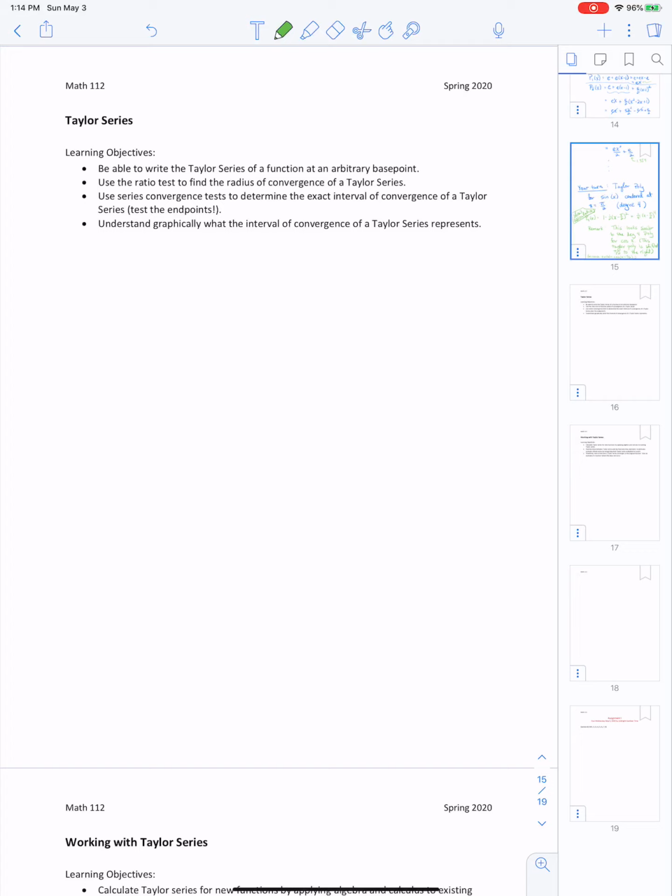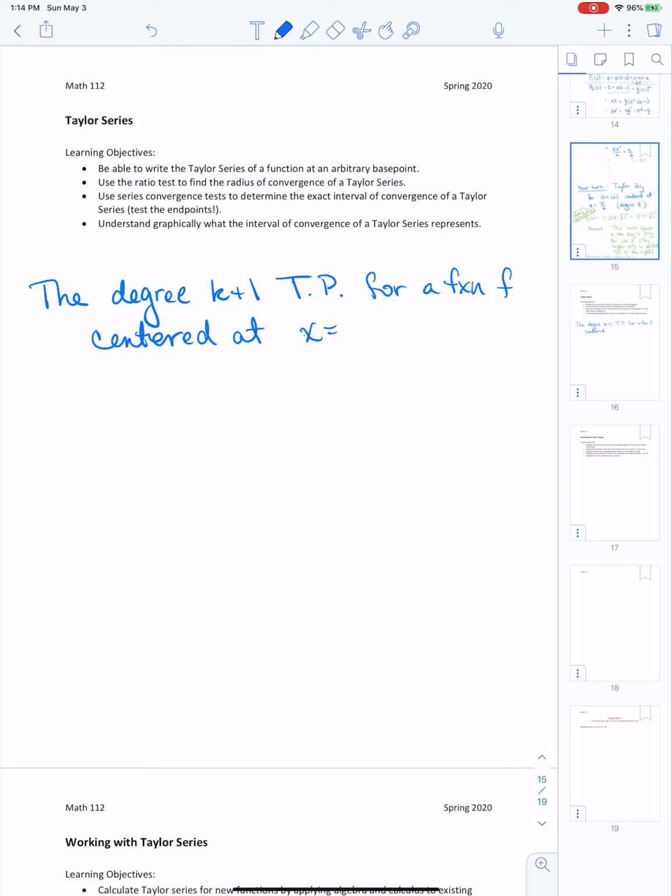Each successive Taylor polynomial is just adding higher order terms. So let me switch colors here. The degree k plus 1 Taylor polynomial for a function f centered at x equals a.